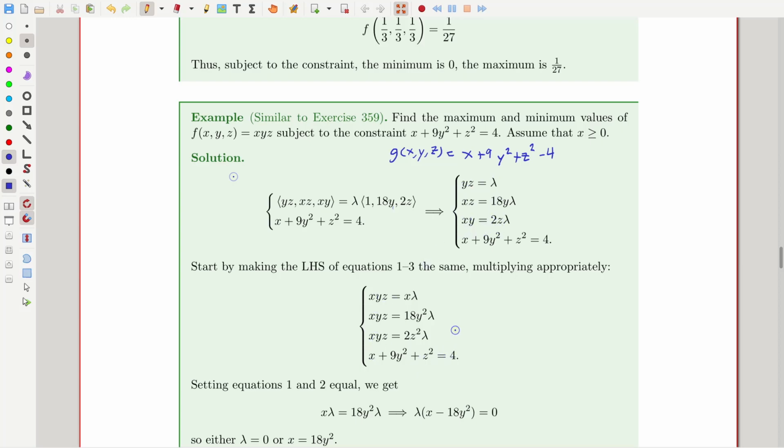Now, when we do so, one thing you need to be aware of is that when you multiply, you have to be careful about what if the thing you're multiplying is equal to 0? What if x is 0, y is 0, or z is 0? Then you end up just getting the equation 0 equals 0, which is always true. Usually it's not helpful.